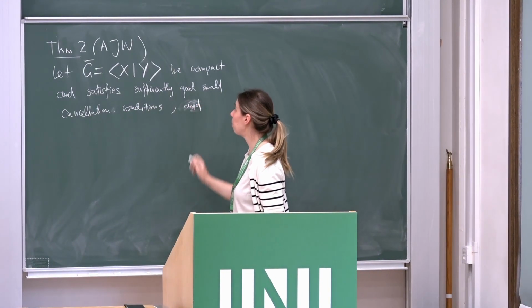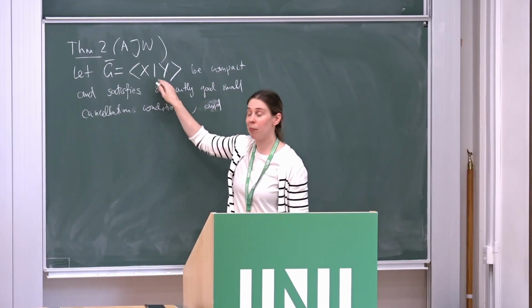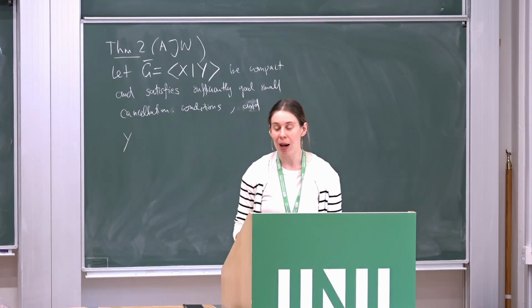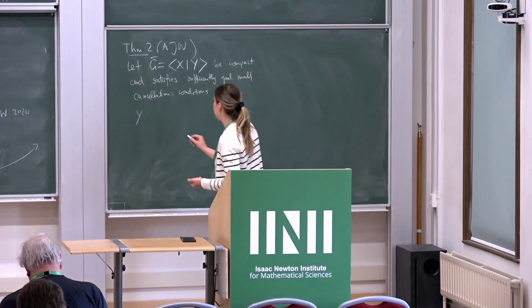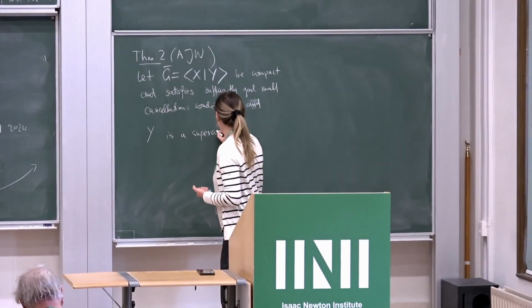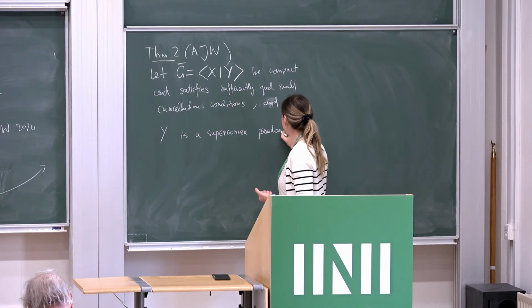actually I do have to write another assumption, and the assumption is about Y. So I'm assuming Y is not just any non-positively curved cube complex mapping to my non-positively curved cube complex X. I'm assuming it is a superconvex pseudograph, and I will explain in a moment what that means.